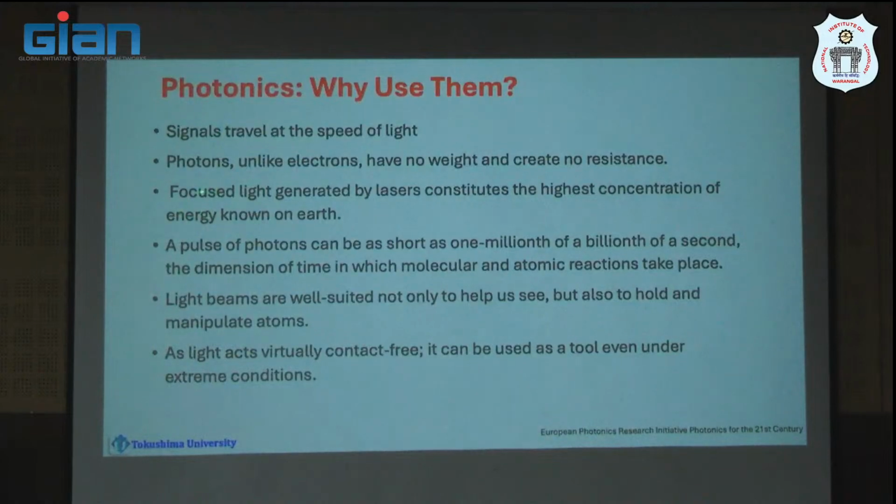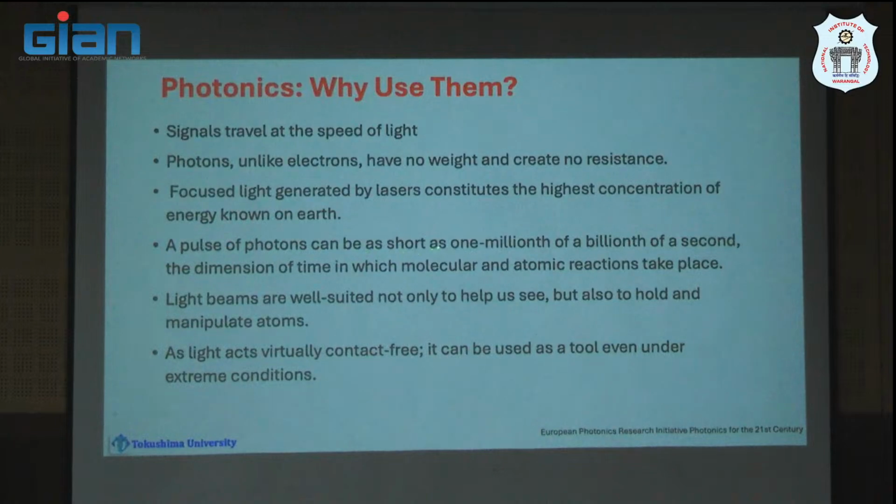So mostly focused light, anywhere you can focus light, is created by the laser. So laser is also a kind of monochromatic light source.